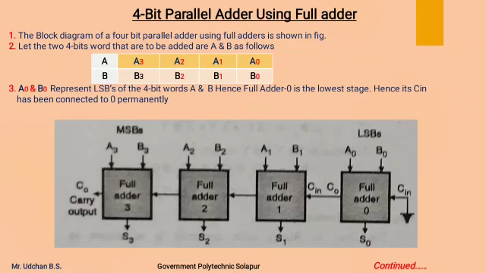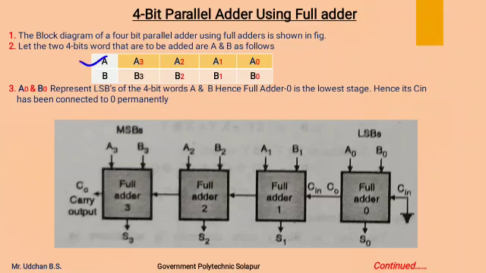Now we will see how a 4-bit parallel adder can be constructed using full adders. The block diagram of 4-bit parallel adder is shown in figure, which can add 4 bits. Let the two 4 bit words that are to be added are A and B as follows.